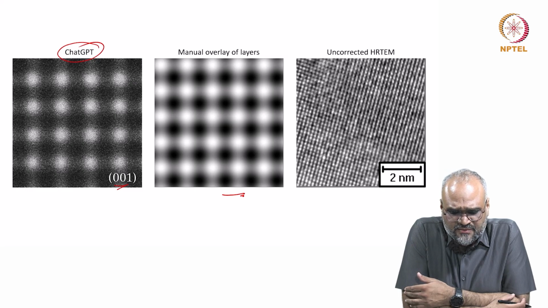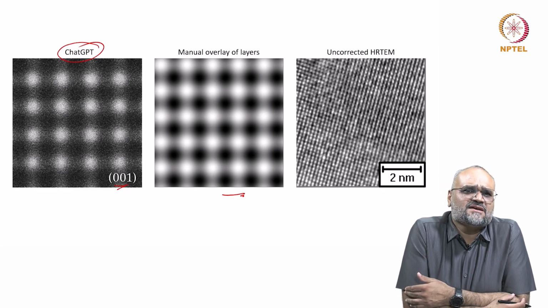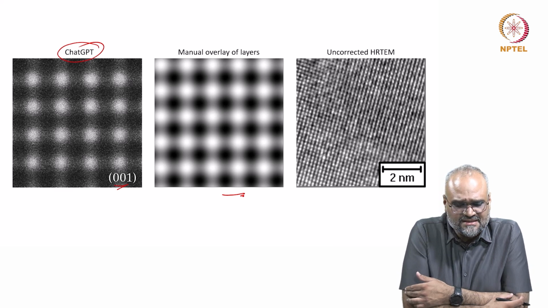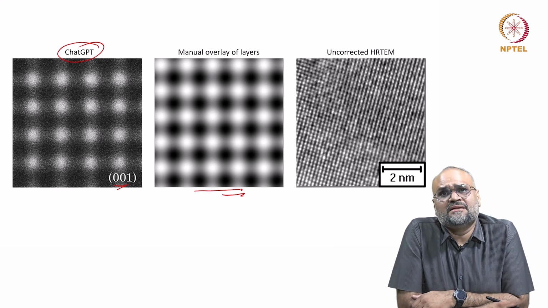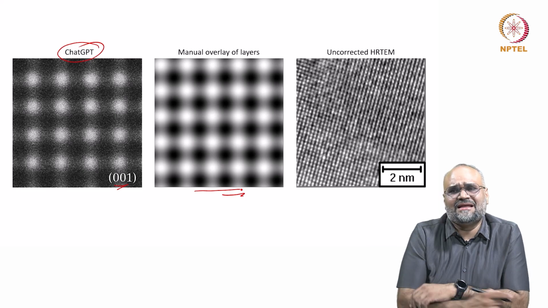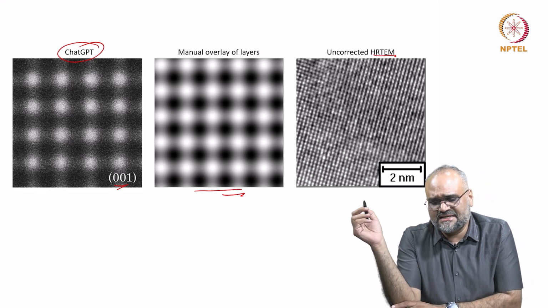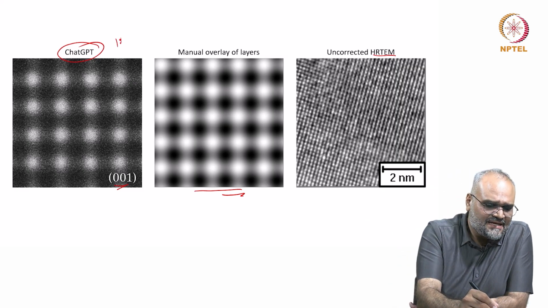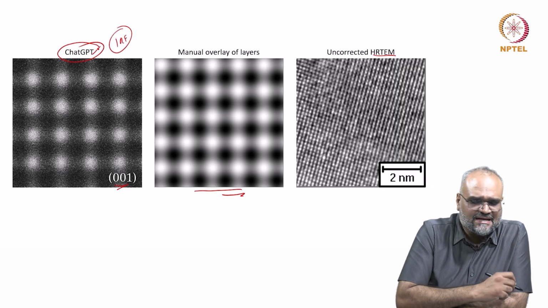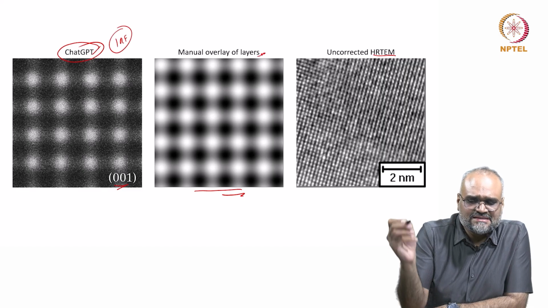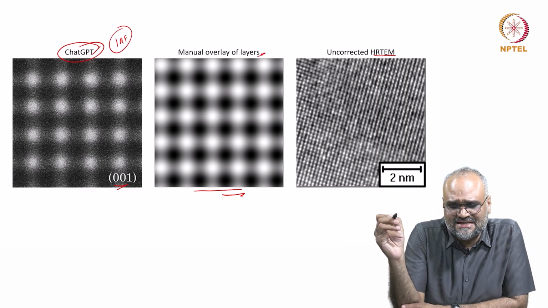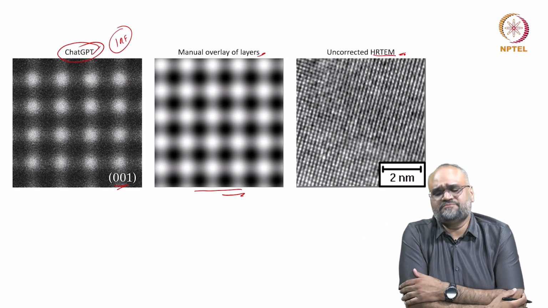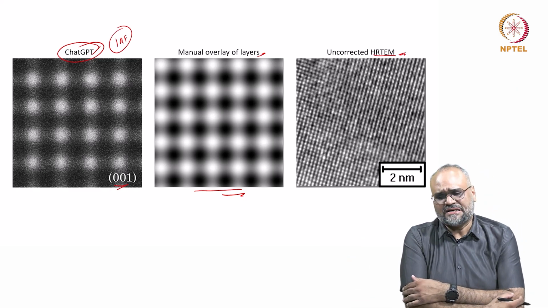The intensity distribution that you see as a consequence of the phase modulation due to the electromagnetic lens might appear like this. Now, when I look at the same information in an uncorrected high resolution TEM micrograph, I see that what I think from the impulse response function from an algorithm versus some kind of a simulation in which I have introduced a few quantities can appear entirely different from an uncorrected high resolution TEM micrograph.